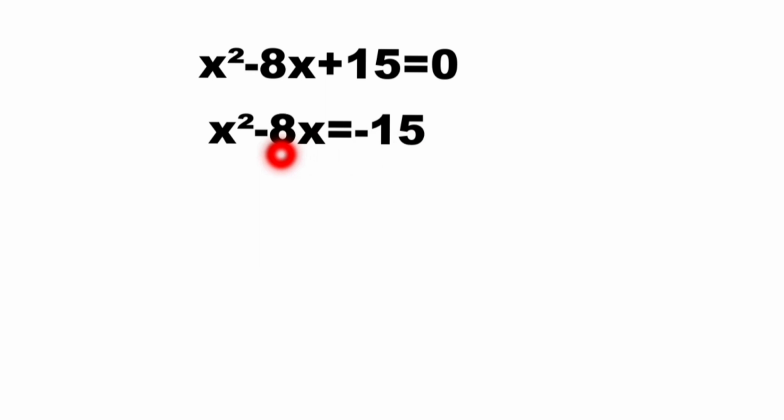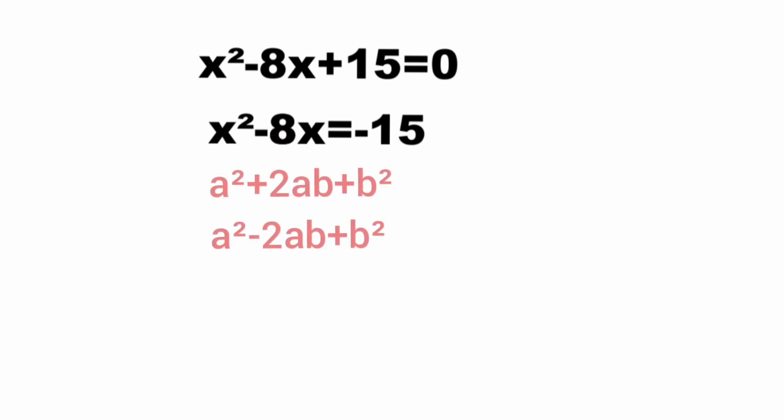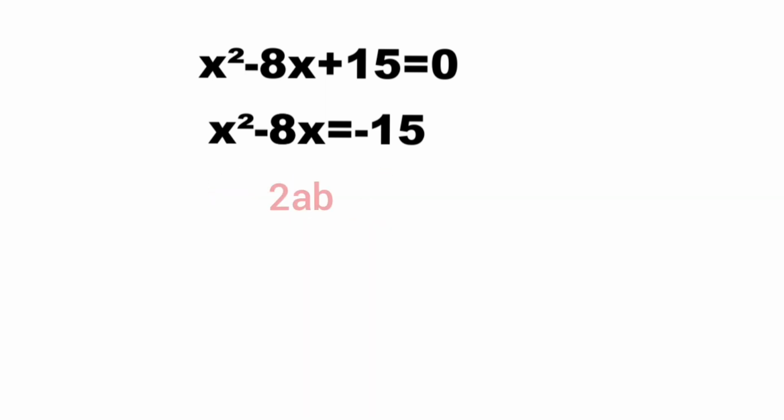In order to make the left and the right side of the equation perfect squares, we are going to add a number here. And that number comes from the middle term. You remember that in a perfect trinomial square, the middle term is twice the product of the first term and the last term of the binomial.